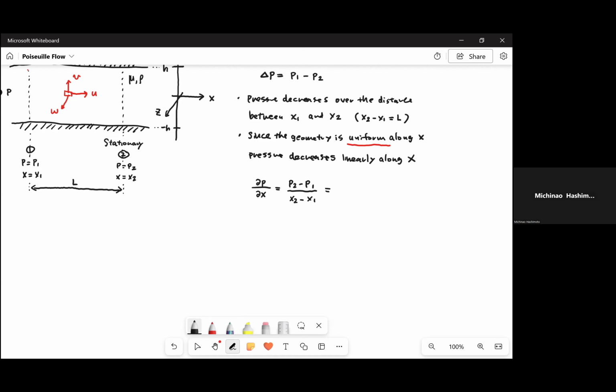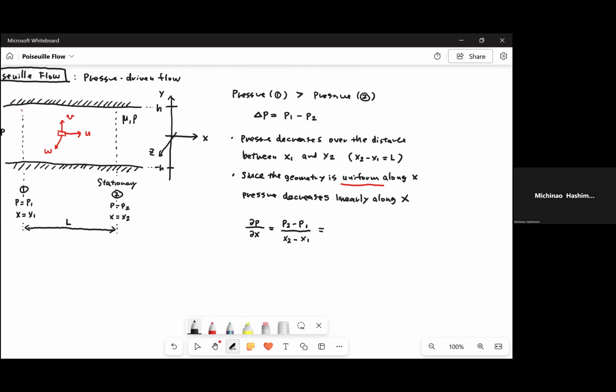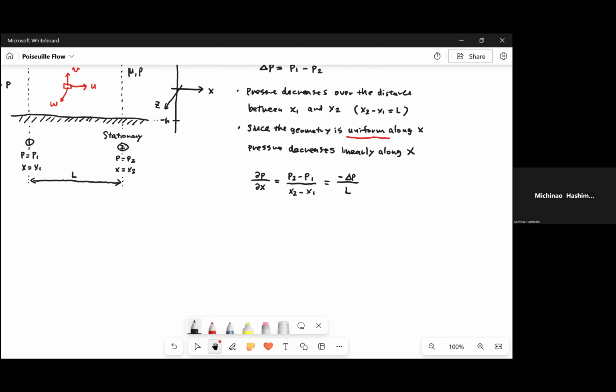And then p2 minus p1 is the opposite, it's actually the negative of delta P. So it's going to be delta P over L. In fact, pressure usually causes a flow from the region of higher pressure to the lower pressure, right?